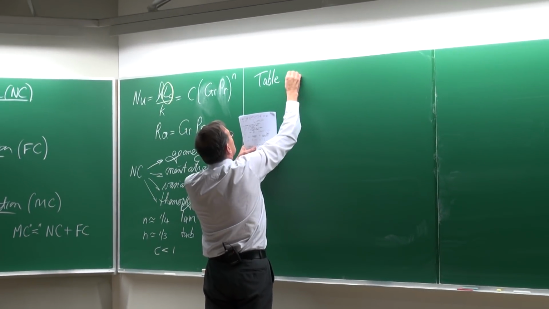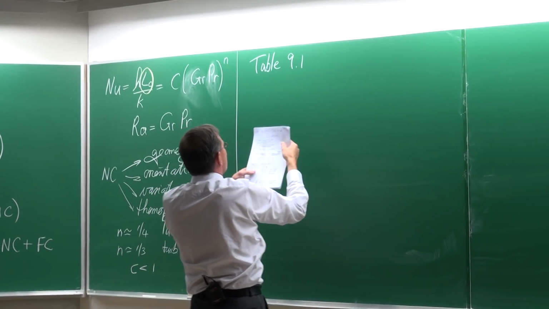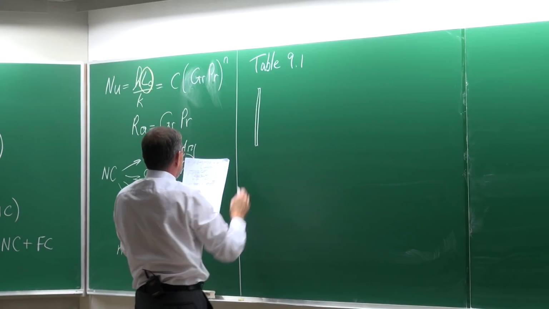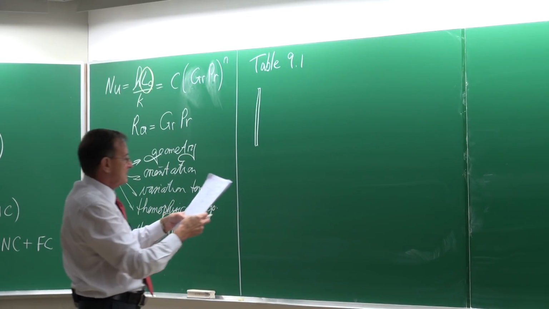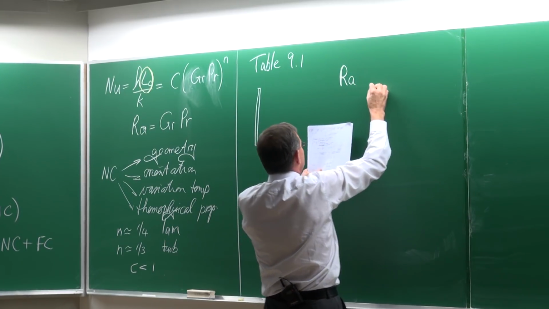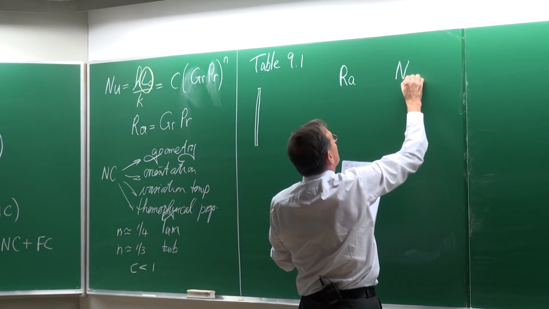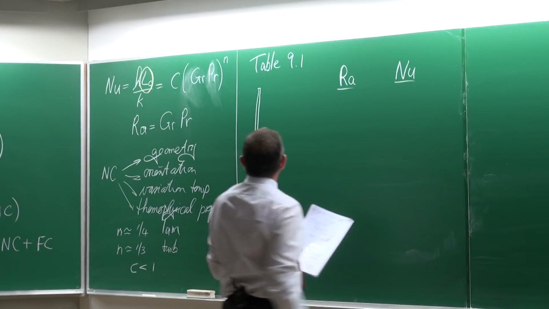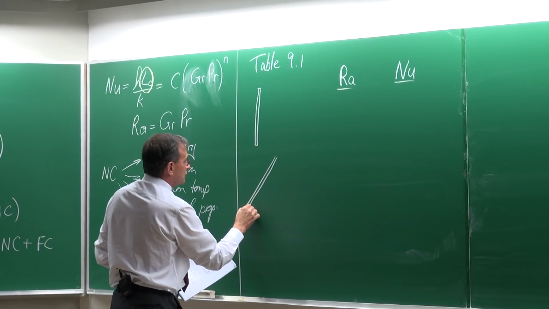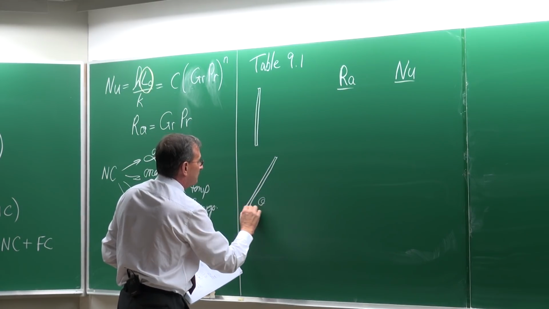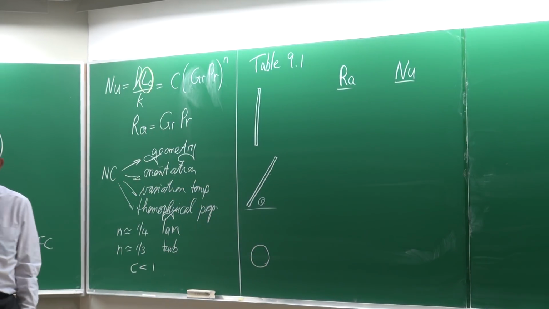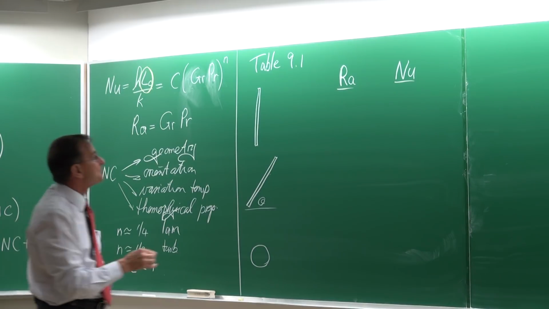In table 9.1, different geometries are given. Typically a vertical plate like that, and then there's a Rayleigh number range, and then there's a Nusselt number equation. Typically for a flat plate like that. Then the next one is a plate at a certain inclination angle. Then there is for a rod or a circular tube, etc., etc.